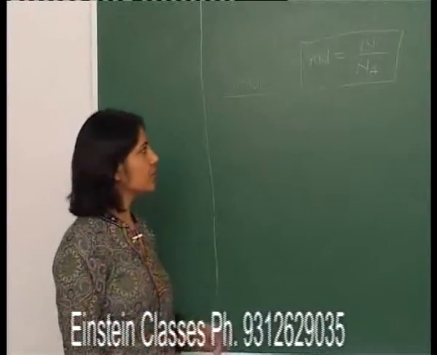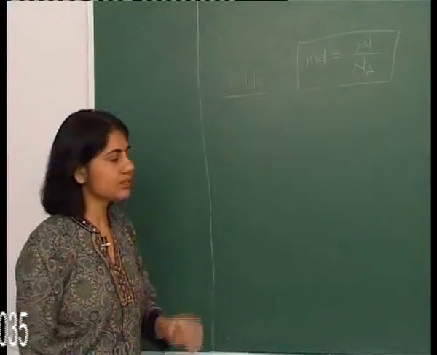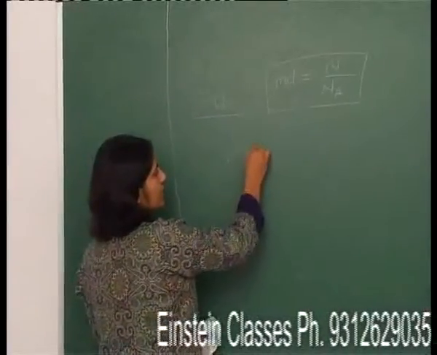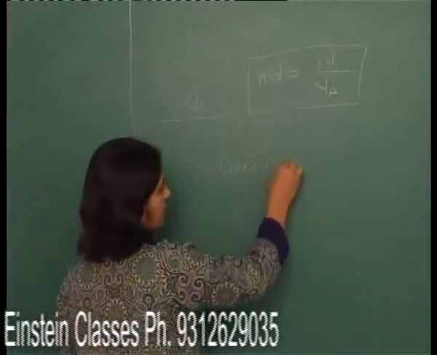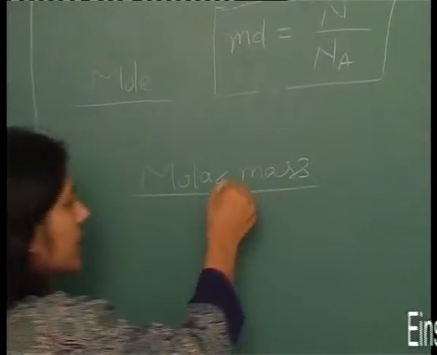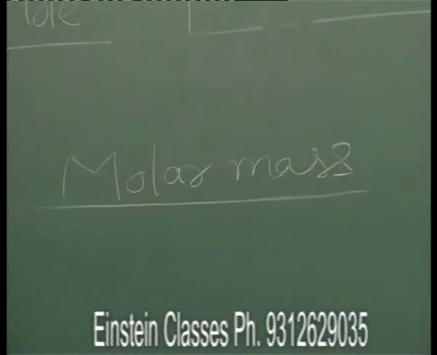So now we are going to discuss the relation of mole with the given mass. For that, again we use the fundamental definition of molar mass first. If we understand molar mass, then we can understand the relation between mole and given mass.